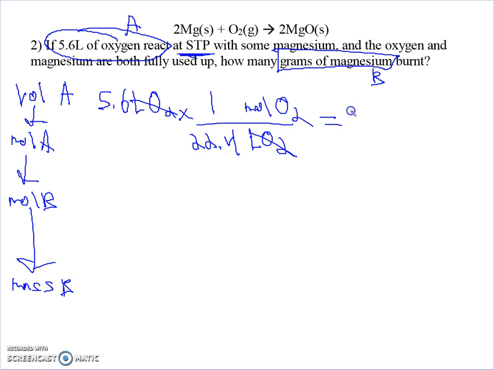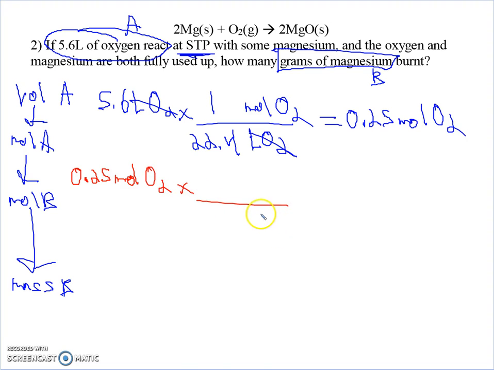Liters cancels, we get 0.25 moles of O2. So I'm going to bring that down. 0.25 moles of O2. And we're going to convert. Pause the video, try it, unpause the video.